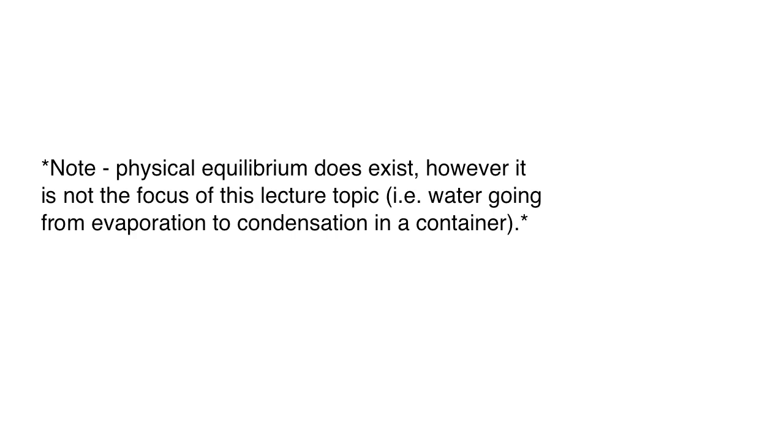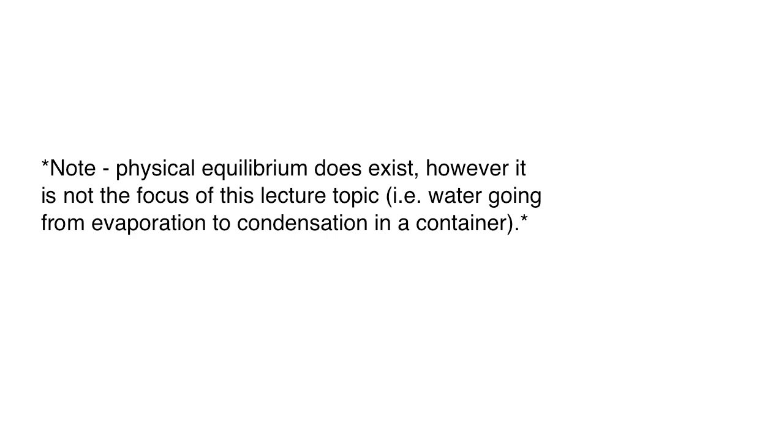A good way to relate this, because students sometimes scratch their heads and wonder what we're talking about: when you are discussing equilibrium, there is such a thing as physical equilibrium, but think about physical changes and chemical changes, right? Those are two separate types of changes. In one, you're just changing the state of matter. In the other, you're actually changing the chemical identity of the matter. So you have chemical changes and physical changes. The same thing is true of equilibrium.